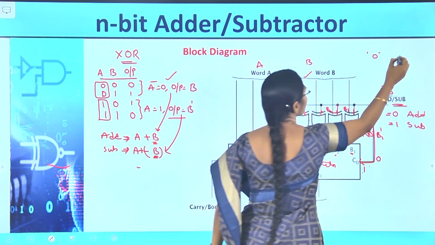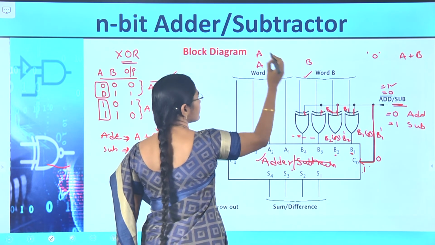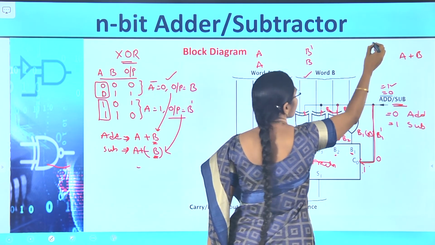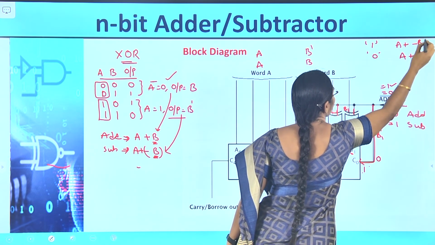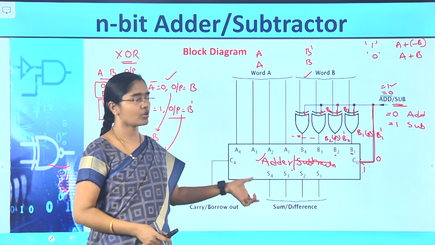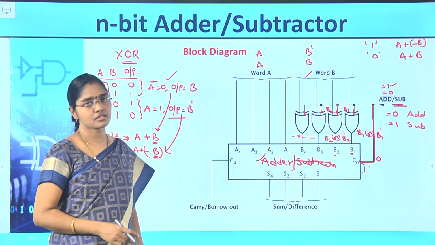Directly applying A and B with control signal 0 is the addition operation. What is performed? A plus B. Applying A and applying B bar using the XOR gates with control signal 1, what we are doing is A plus minus B, that is the subtraction operation. So this block diagram is going to be used as the adder-subtractor.